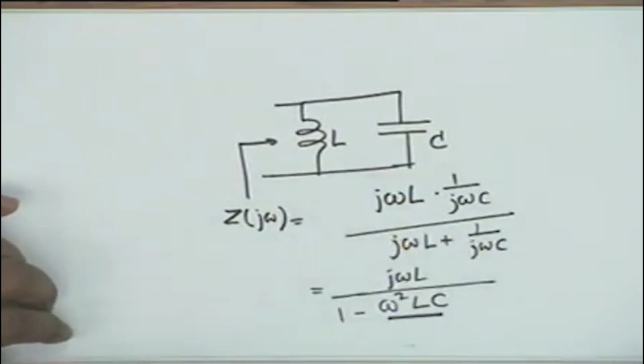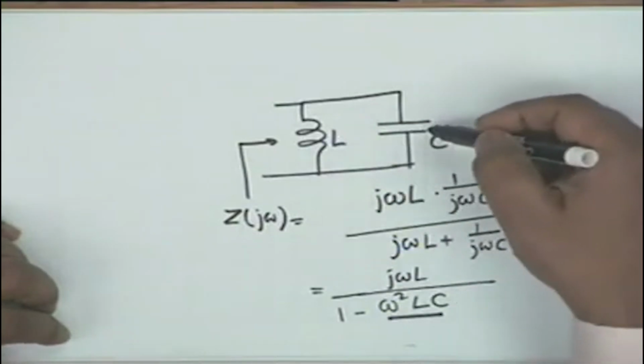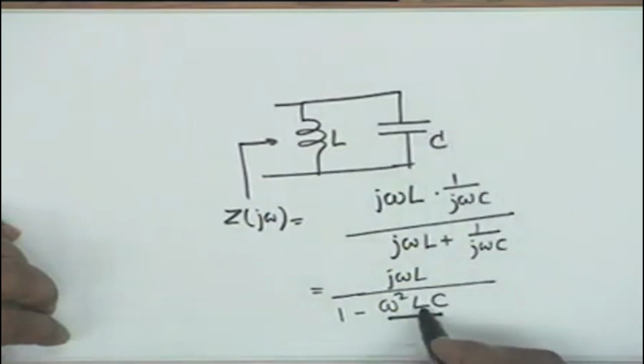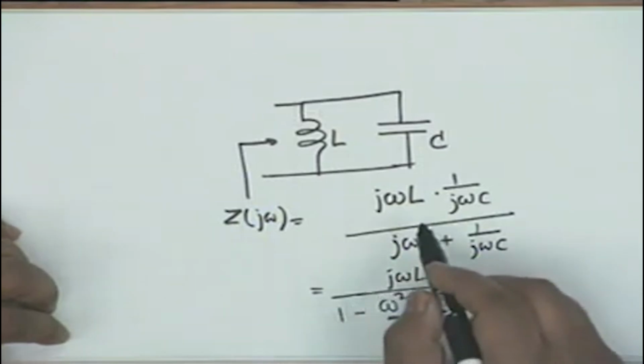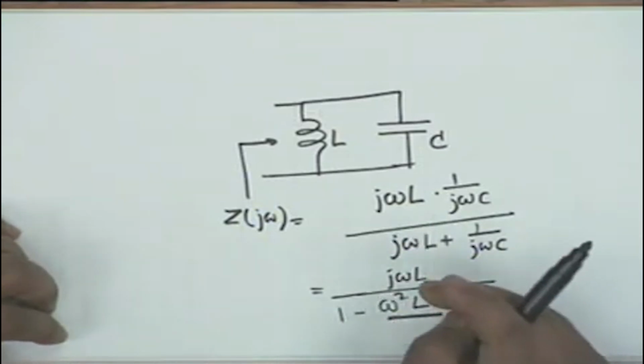On the other hand, for frequencies when omega squared LC is greater than 1, the reactance is negative and therefore the impedance behaves like that of a capacitor, and when omega squared LC is equal to 1, the two reactances cancel each other and the impedance becomes infinite.